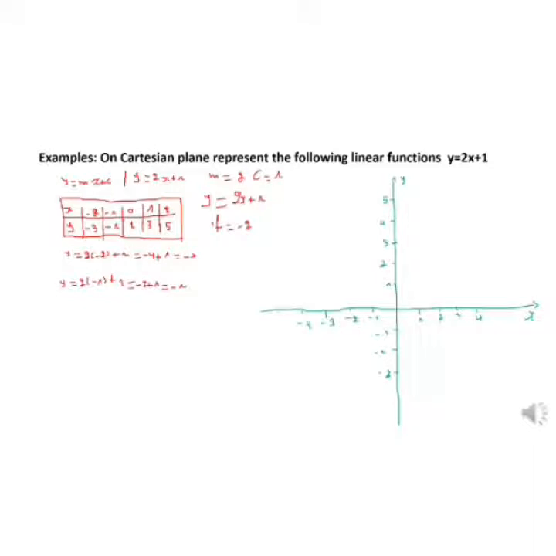For drawing a Cartesian plane, first of all you have to use an equal scale.